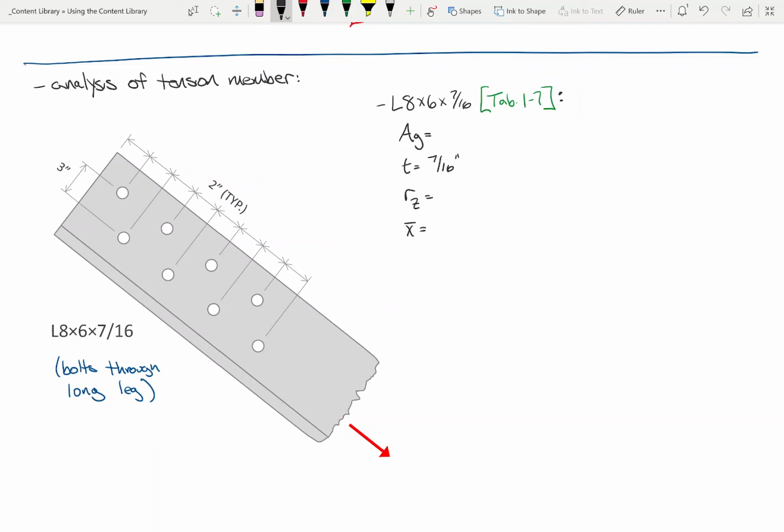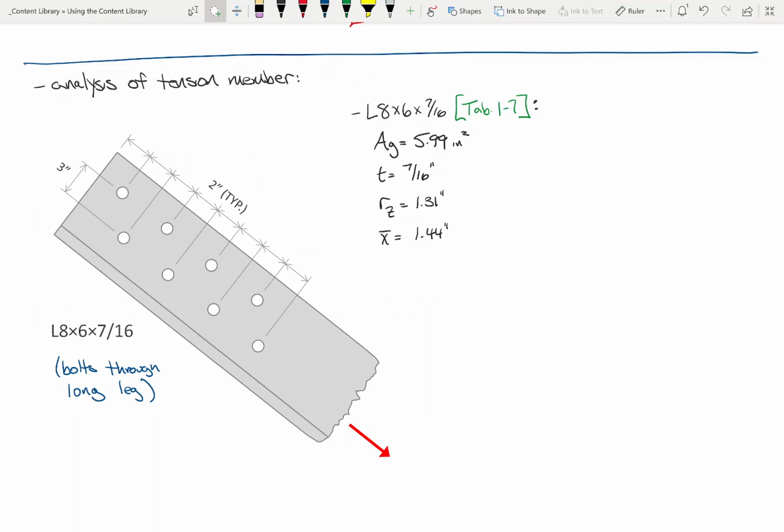So help me out. What is the gross area for an 8 by 6 by 7/16? 5.99 square inches. Okay, what about Rz and X bar? Rz is 1.31. X bar is 1.44. So there's that.